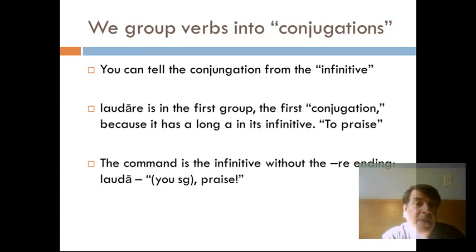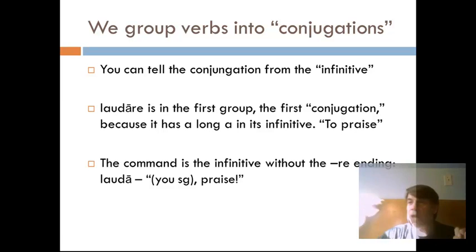Now, I mentioned that chapter 1 also goes into the imperative, how to make a command in Latin. And basically, to make a command, if you want to command one person to praise, hey, you there, praise me, then you're going to take that RE of the infinitive off, and the lauda all by itself means, hey, you, praise me, praise.